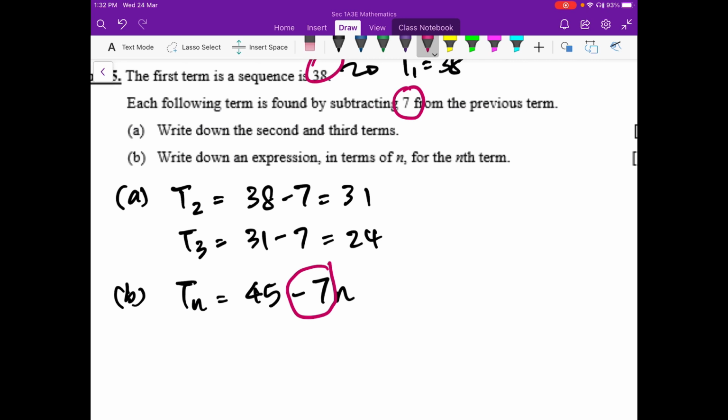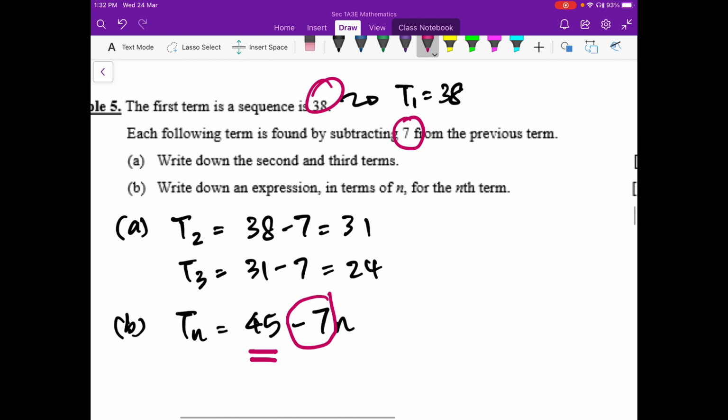The other part of the formula has a 45. Now where did that come from? 38 plus 7. Why 38 plus 7? The 38 is the first term. If you want a 7n, then it will be 7, or you can like 38 minus 7n.